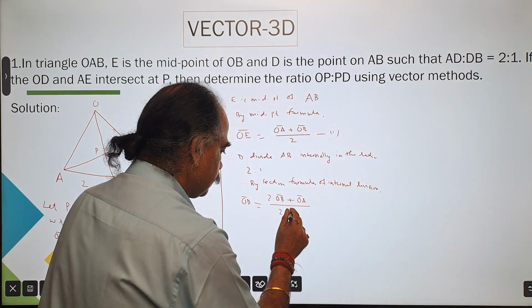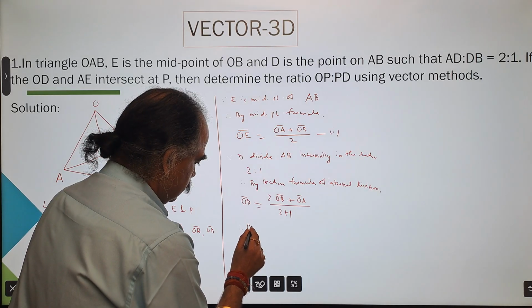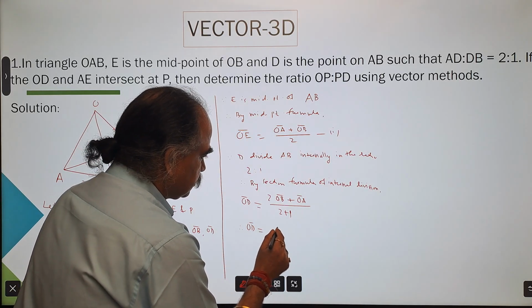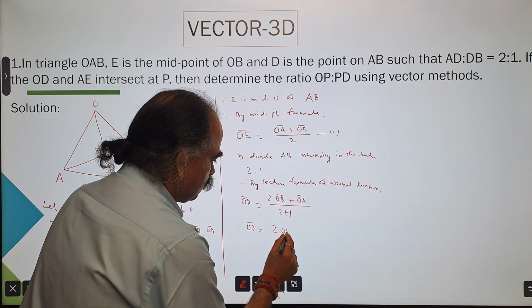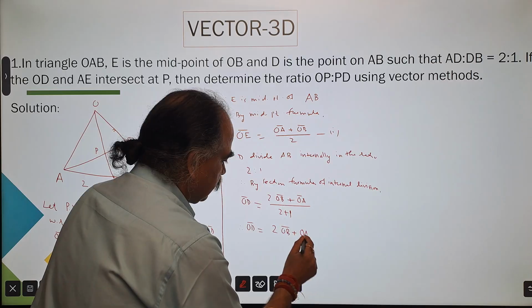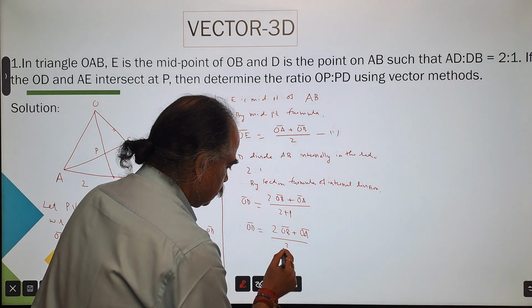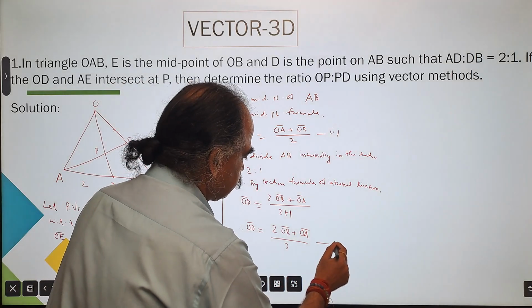Therefore, OD bar is 2 OB bar plus OA bar upon 3. Equation number 2.